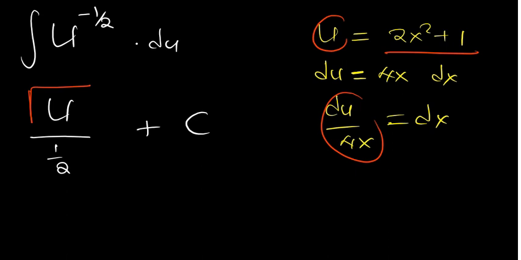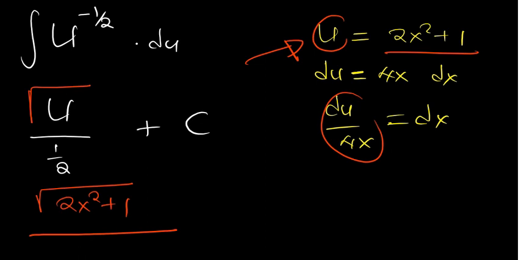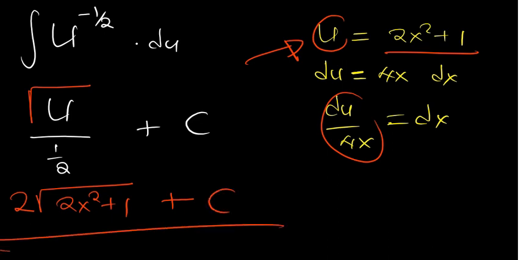So the root of u is going to be the square root of 2x squared plus 1, because that's what our u is, and then over half. Now dividing by half is the same as multiplying by 2 over 1, so just multiplying by 2 in other terms, and then plus a constant c. So that's our answer. That's the answer we expect after integrating the question that we had.